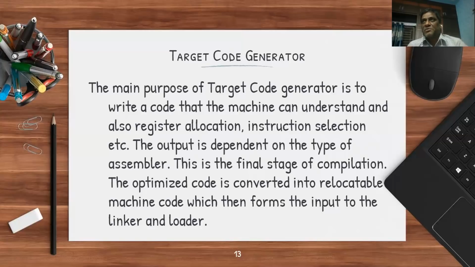For example, if only 2 registers are available, then the entire target code should contain only 2 registers. If the computer or assembler is more powerful and 3 or more registers are available, then the code will change, because according to the number of registers available for performing operations, target code generation will also change.